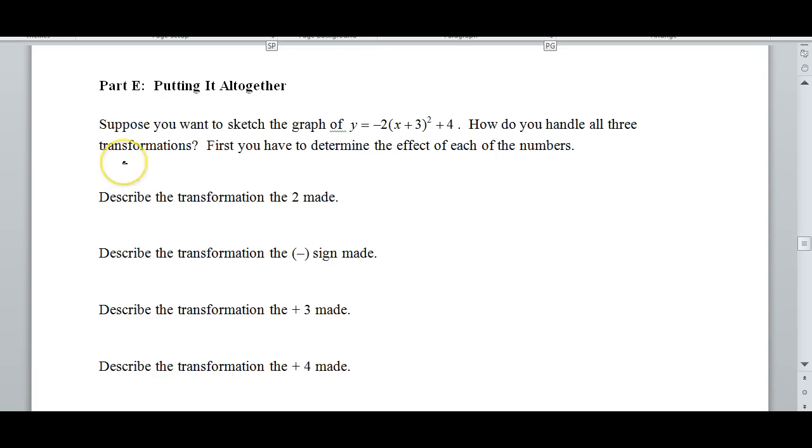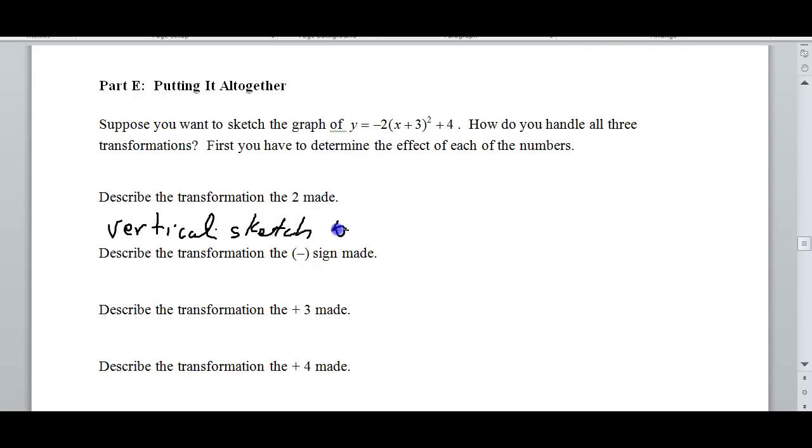Okay, part E, putting it all together. Suppose you want to sketch the graph of y equals -2 times x plus 3 quantity squared plus 4. How do you handle all three, actually 4 transformations? First, you have to determine the effect of each of the numbers. So the transformation the 2 makes is a vertical stretch. And a very important skill you'll need to develop is to be able to go from the equation to a description in words.